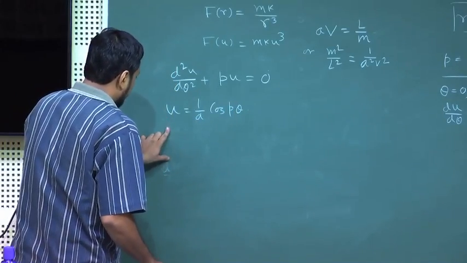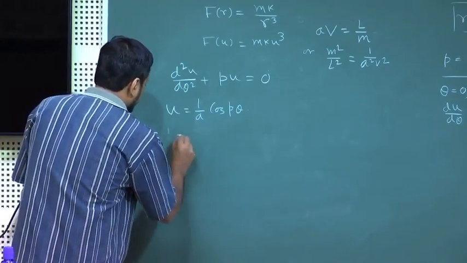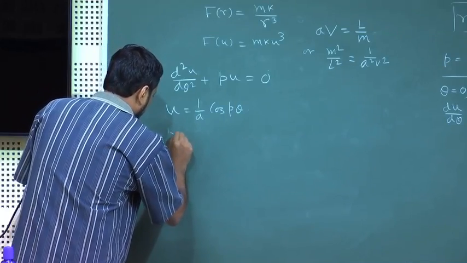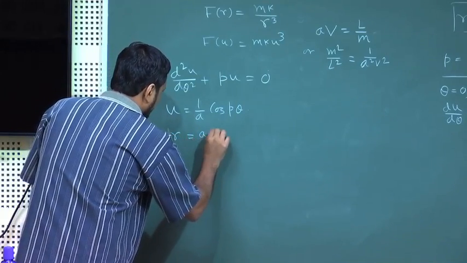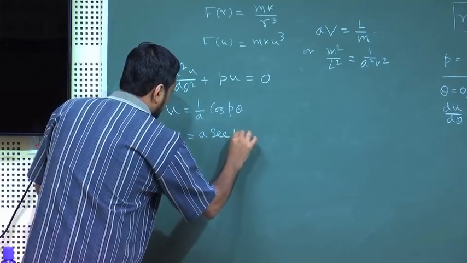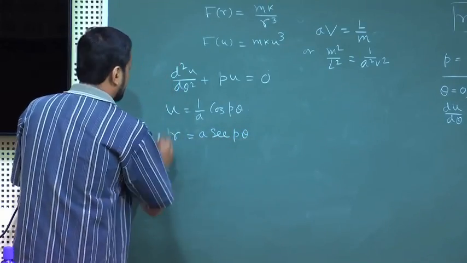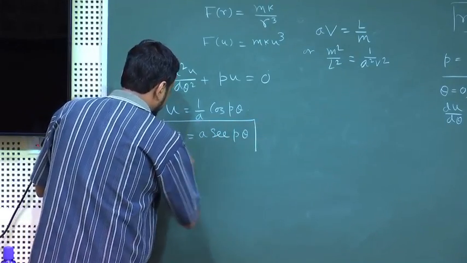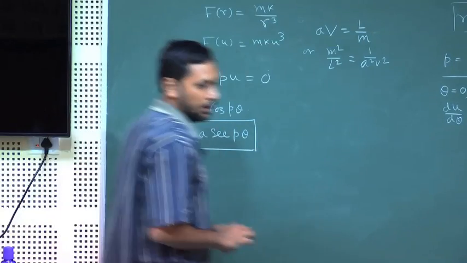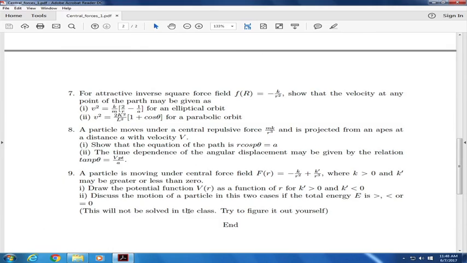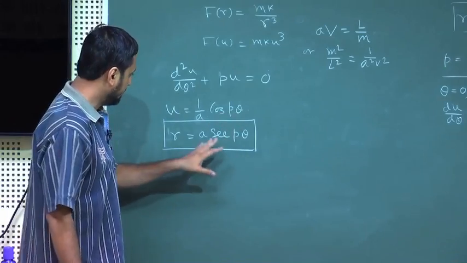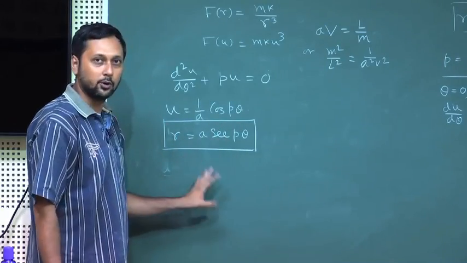Write it in terms of r and you will see r cos p theta equal to a, and that is what is given as the solution. It is the same thing essentially. So, whatever I have got here is what is given in the problem.